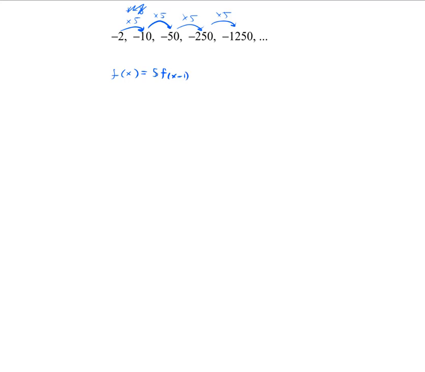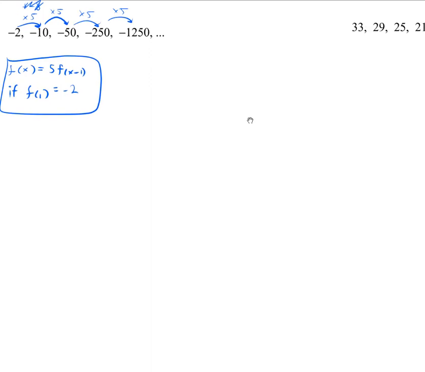And this is true if f of 1 is equal to -2. Okay? So all of this is true if f of 1 equals -2. All right, so hopefully that made sense to you.